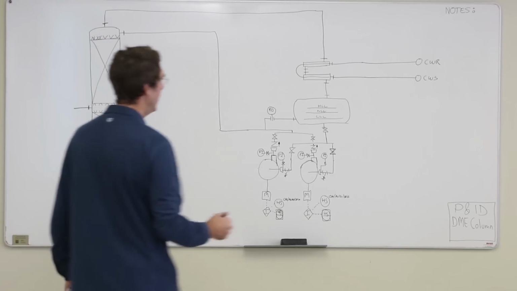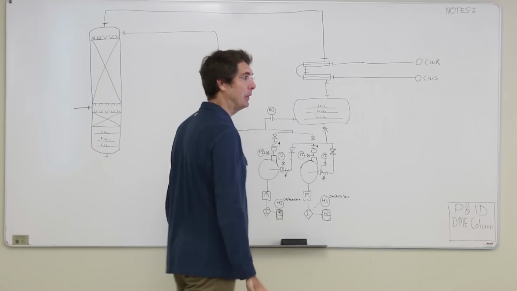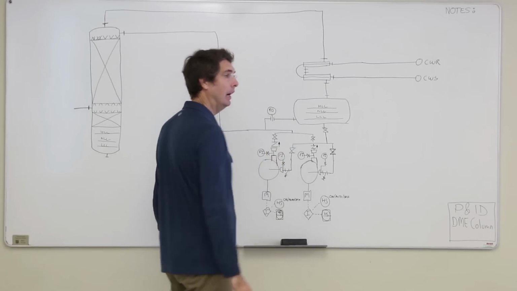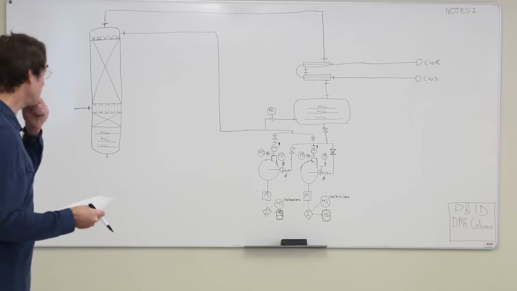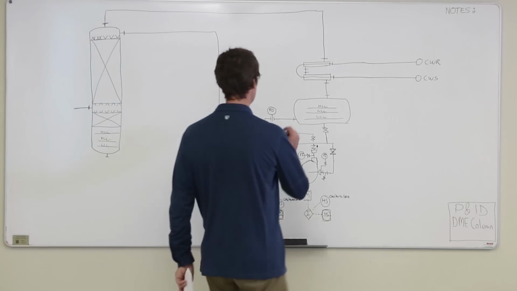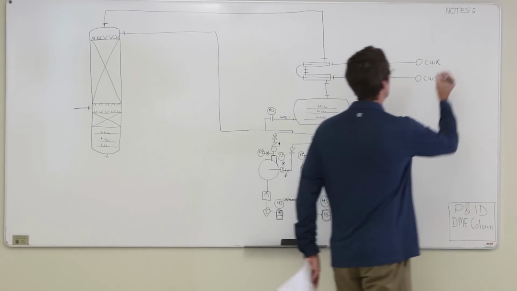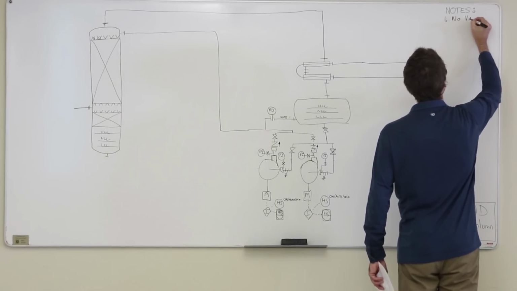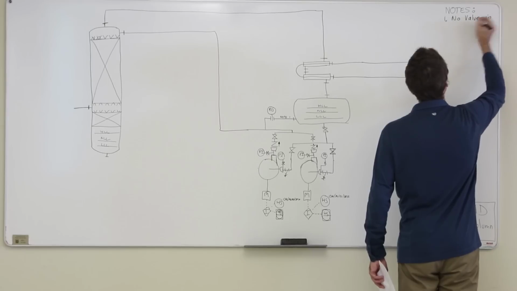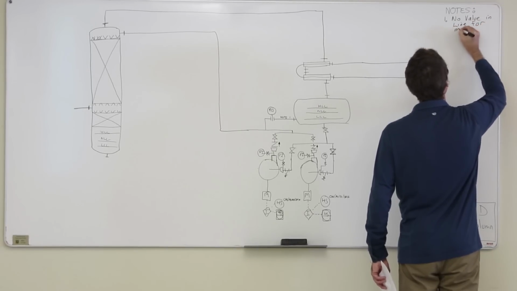And I'm purposely not going to put a valve on that so that people can't accidentally close it and block off the minimum flow bypass. So I might even put a note on that, because it's easy for there to be miscommunications. So note 1: no valve in line for minimum flow bypass.